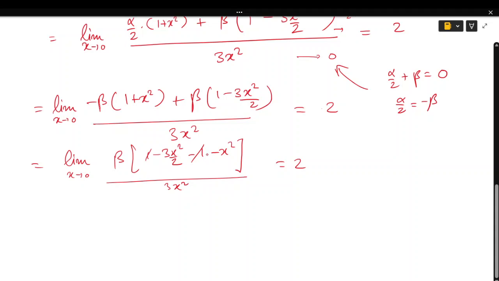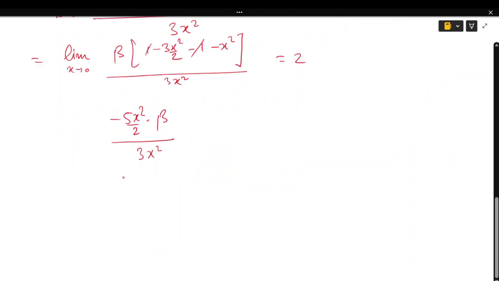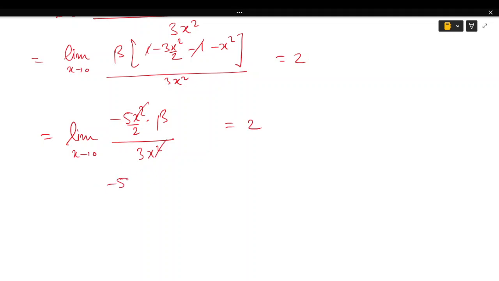Minus 3x square by 2 minus x square will come out to be minus 5x square by 2, times beta divided by 3x square, and the limit is as x tends to 0. If we observe carefully, x square cancels out. So minus 5 by 6 times beta will be the limit, and that will be equal to 2, because we already mentioned the limit. So beta will come out to be, I think, minus 12 by 5.